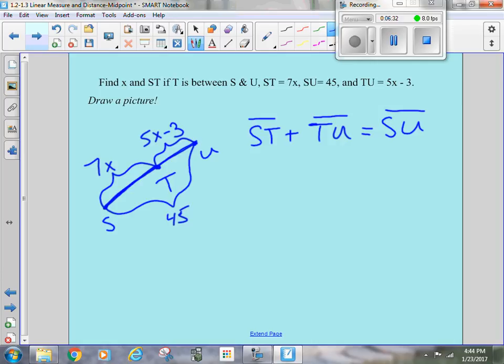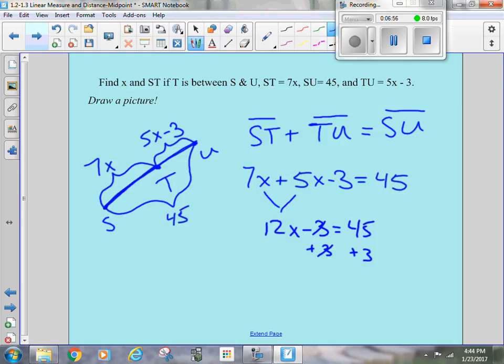Now substituting in the measures that it gave us, we have 7x plus 5x minus 3 equals our 45. Combining like terms, we get 12x minus 3 equals 45. Adding 3 to both sides, we have 12x equals 48. And then dividing by 12, we get x equals 4.